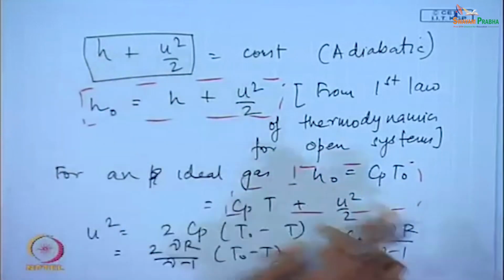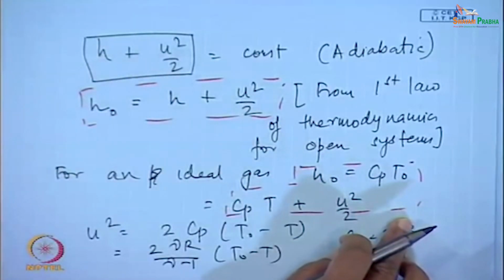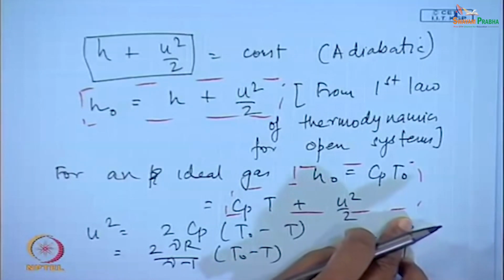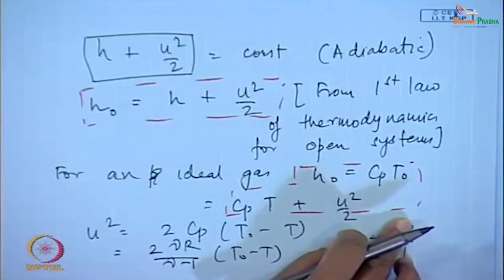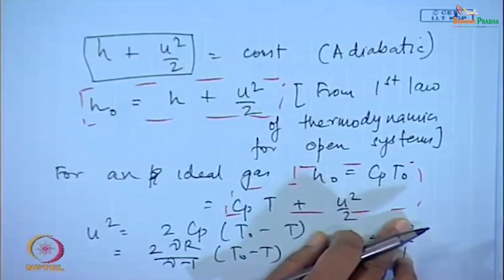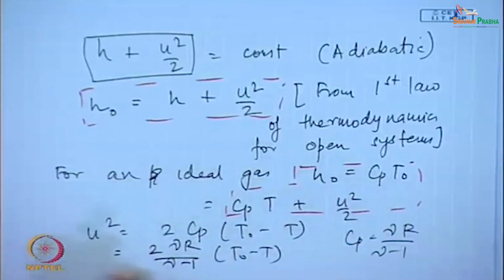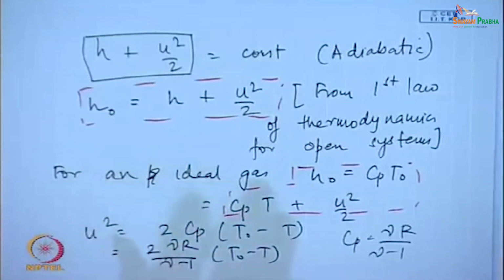Remember, for these two equations we did not put any condition of reversibility. So, for any adiabatic process, the total enthalpy and the stagnation temperature T0 are conserved if the process is adiabatic. And what about this? This gives us a relation between the fluid velocity and the local temperature under adiabatic conditions. Everything we are talking about is just adiabatic.